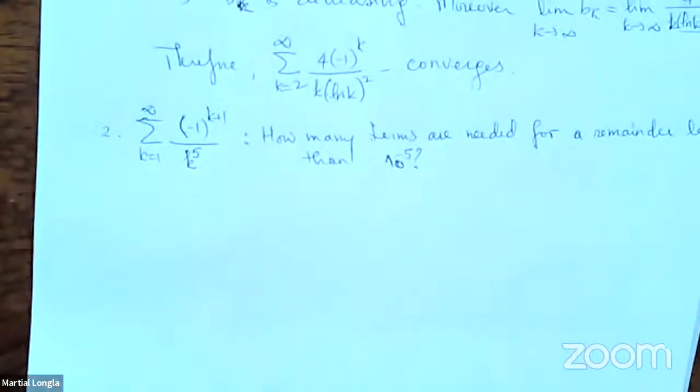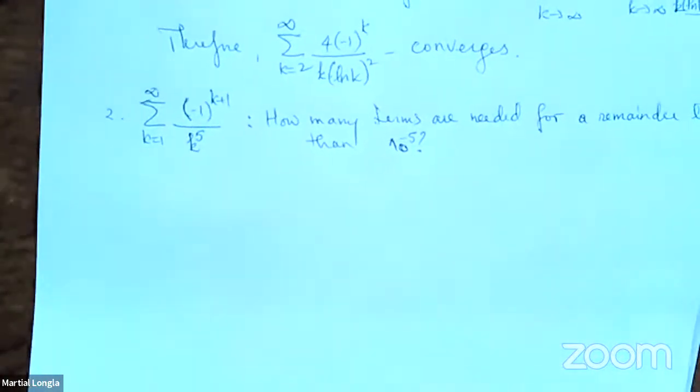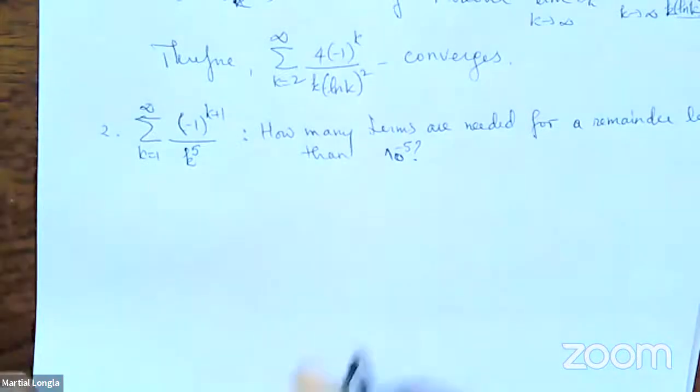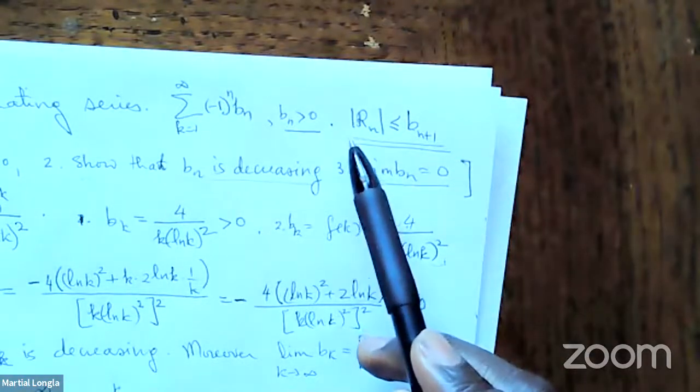Okay, so how many terms of this series are needed for the remainder to be less than 10 to the minus 5? And that is answered by what I wrote at the beginning here. Absolute value of R_n is less than or equal to b_(n+1).